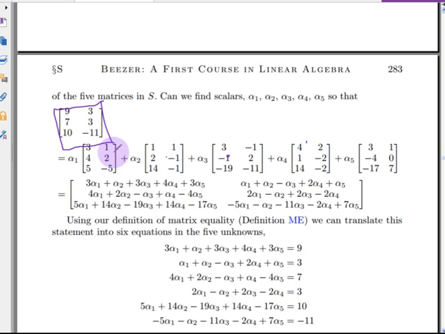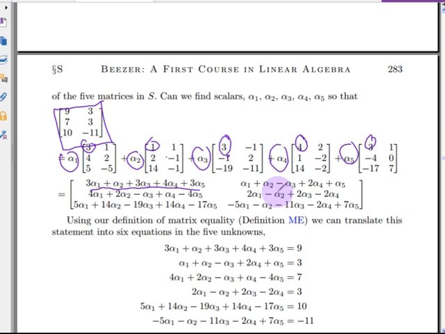And we can write equations for each component of the vector. For instance, the first component of this linear combination is going to be 3 times alpha 1 plus 1 times alpha 2 plus 3 times alpha 3 plus 4 times alpha 4 plus 3 times alpha 5. So that's the first component of the linear combination.